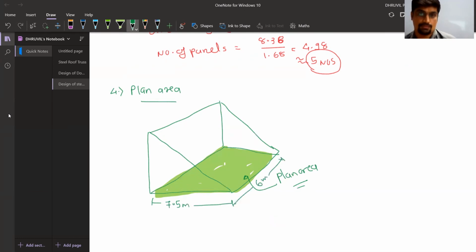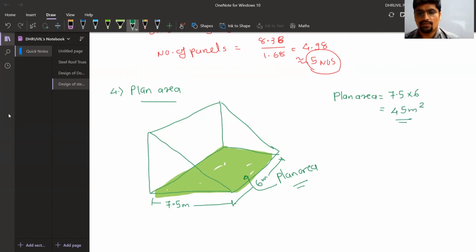So the plan area is equal to 7.5 into 6, which is 45 meters square.